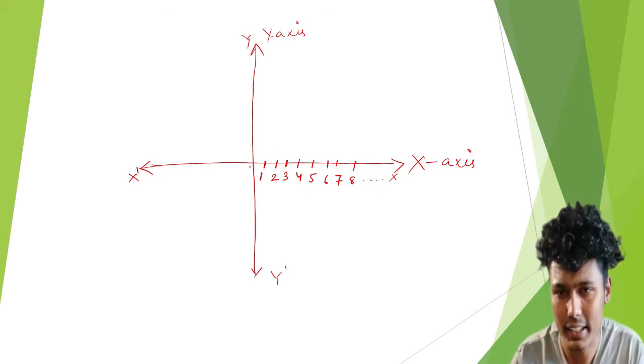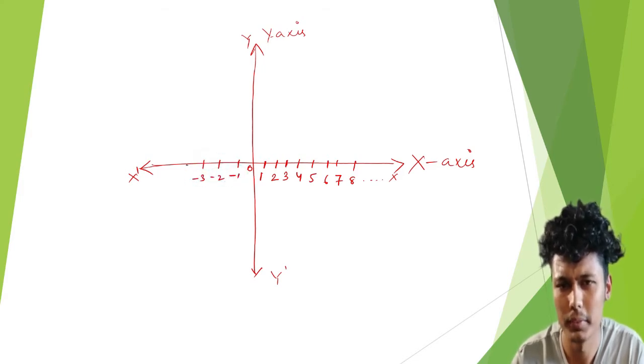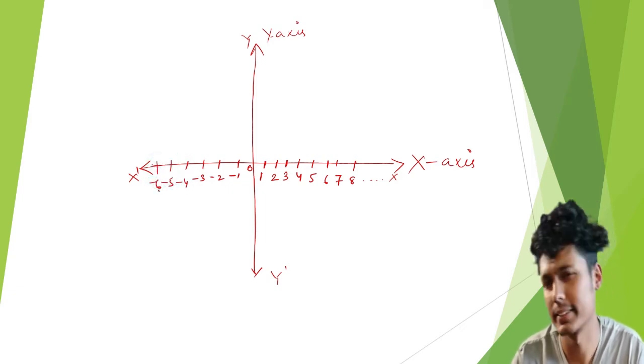And here it is 0, right? On the negative side, it is -1 here, -2, -3, -4, -5, -6.